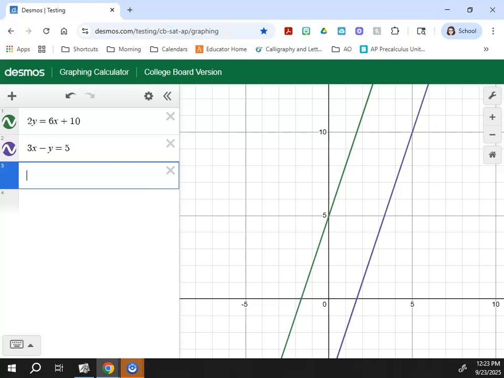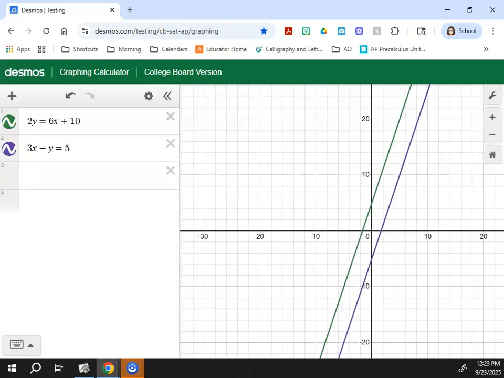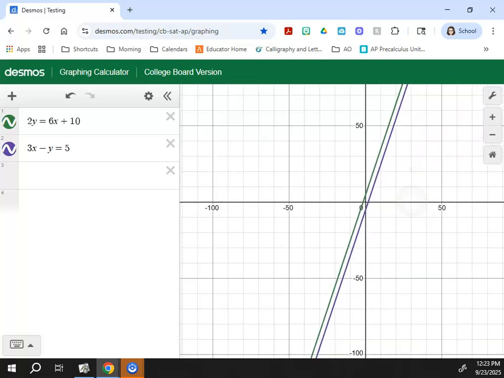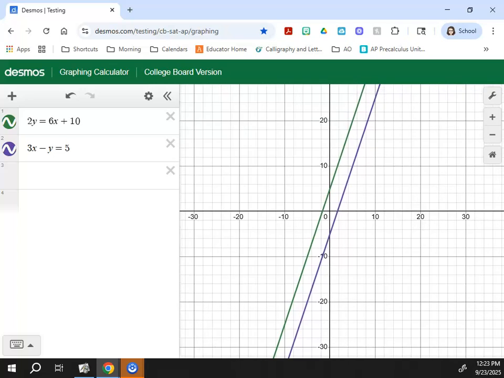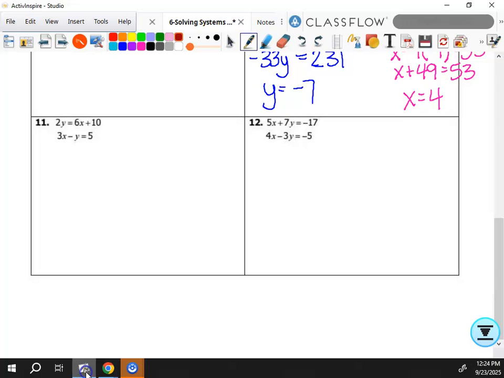Okay, and then what are we looking for? You have to type that in up there. We're looking for where they intersect, right? And if we zoom out, does it look like they're ever going to intersect? No. So then what are they? It's no solution, but they're parallel. Yeah, I know I asked that question weird. They are parallel. My answer is no solution.